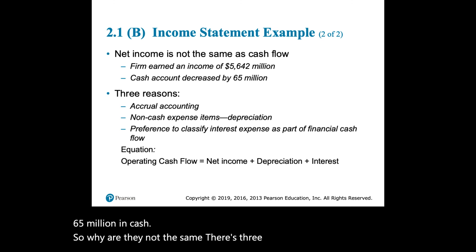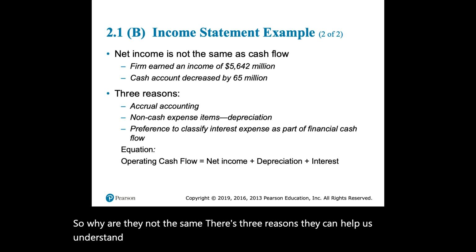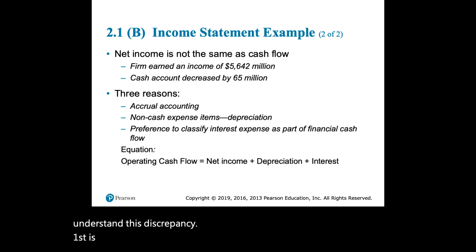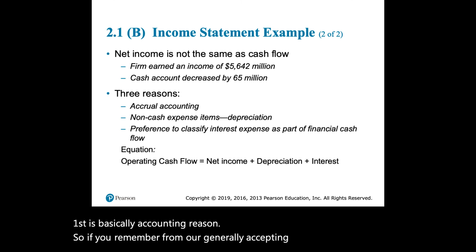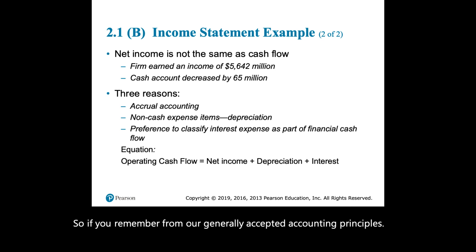First is basically an accounting reason. If you remember from our generally accepted accounting principles, firms typically recognize revenue at the time of sale, even if cash is not received in the same accounting period.